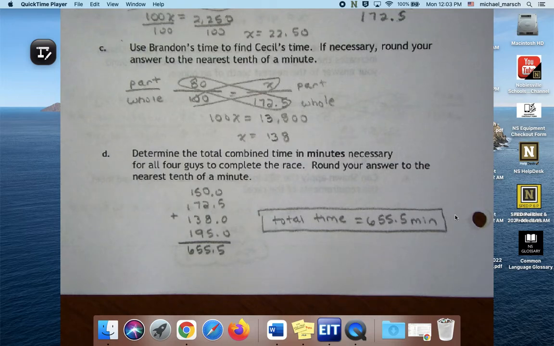Make sure you label it minutes. Hours would be way too long. Seconds would be way too fast. I need to know you know that that's minutes.